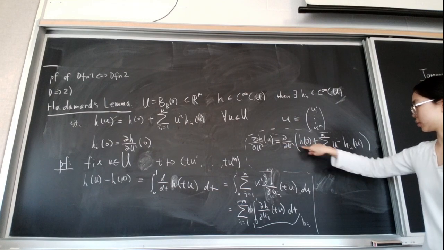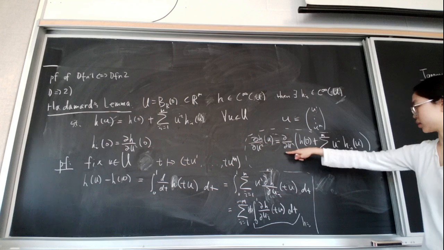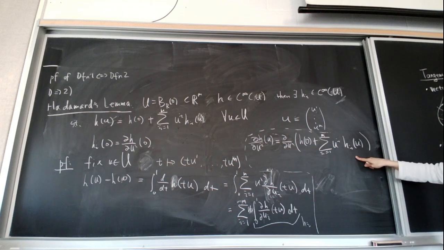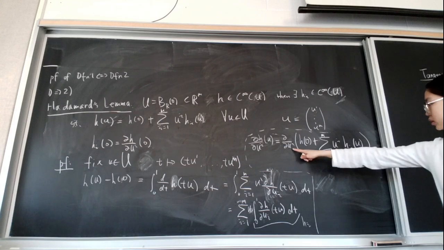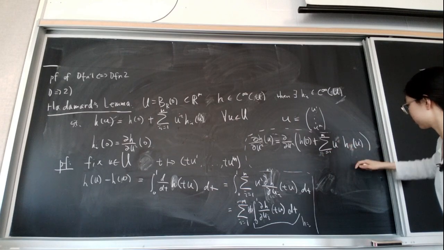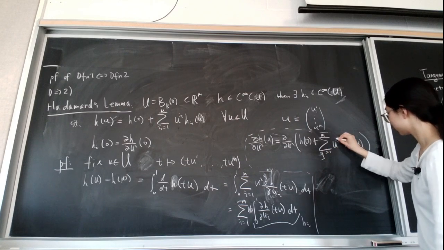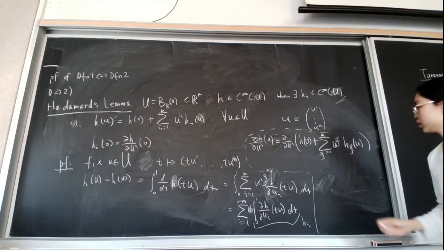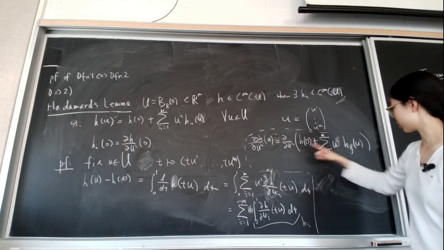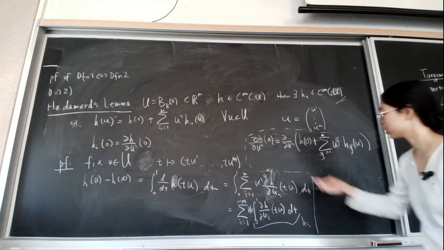And this applied to this constant term is 0, and then when you apply it here, you apply the product rule. Sorry, I shouldn't have used i. So when i is equal to j, you apply the product rule, and otherwise you treat this as a constant.